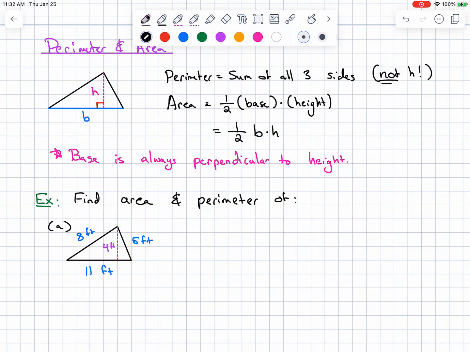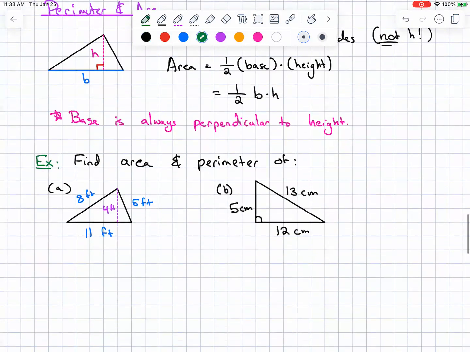And then part B, we'll be drawing a right triangle. And it says 12 centimeters, 13 centimeters, and 5 centimeters. I'll let you draw those and then we'll start doing the problem.